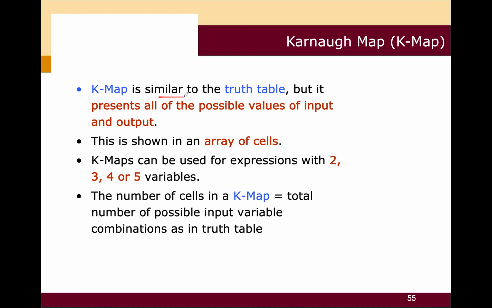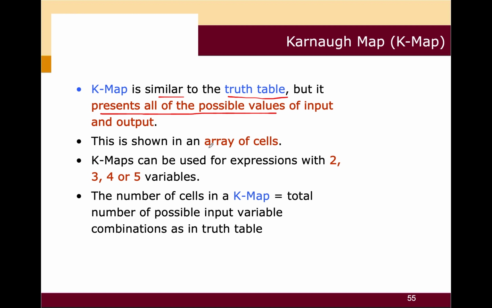KMAP is a similar truth table. It's similar basically, but it represents all the possible values of input and output. I think it's quite similar, nothing much, only how you represent it in the way you draw the map, or sorry, the table.